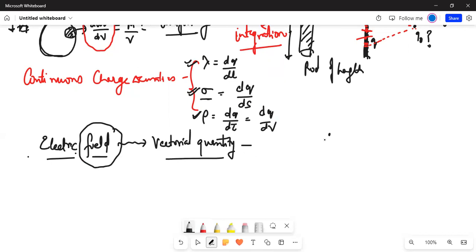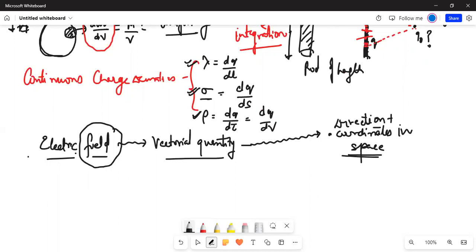And when it denotes something in space, it means this vectorial quantity will depend upon the coordinates in space. And at that particular point, it will also give you the direction.